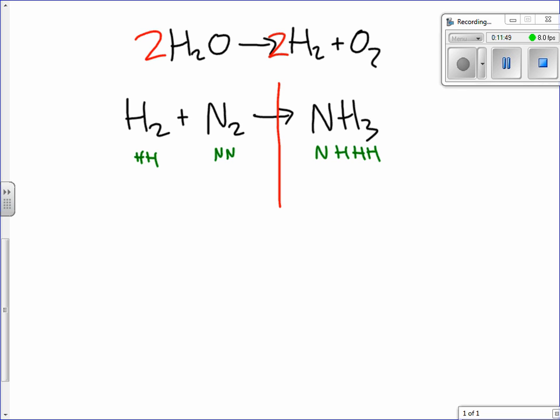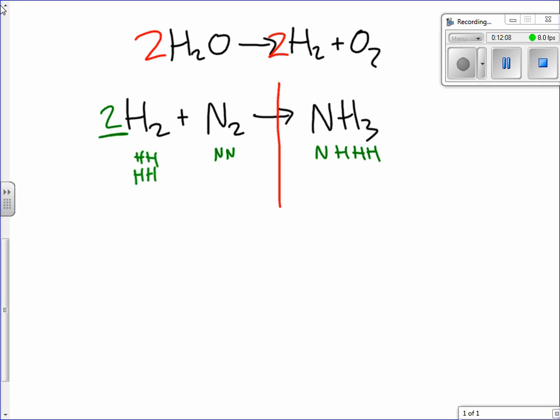However, we're running into a problem here, because if I put a 2 here and add more, that gives me 4, and I've got 3 on the product side. There's no number that I can add here to give me 3.